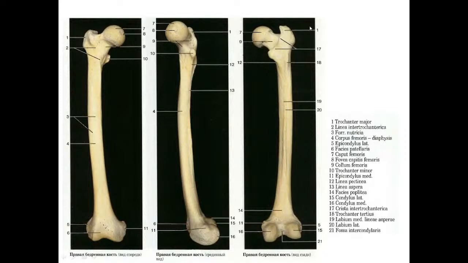On the posterior surface you see linea aspera, condylus medialis, condylus lateralis, between them the fossa intercondylaris, and linea aspera. This is linea pectinea and tuberositas glutealis.